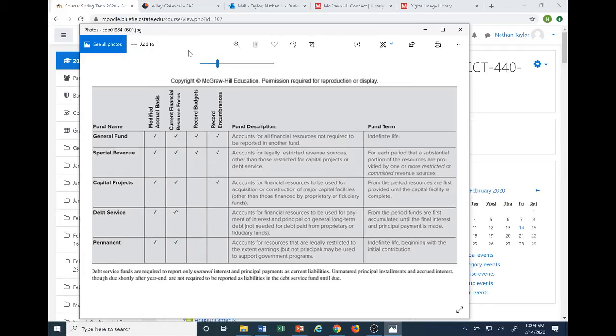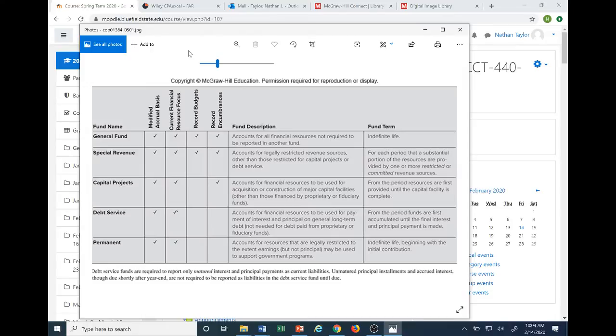The fund term is for each period that a substantial portion of the resources are provided by one or more restricted or committed revenue sources. So it's just different periods when we transfer that money over. And just remember for the special revenue that it has to be restricted or committed, that GASB gave it special attention.